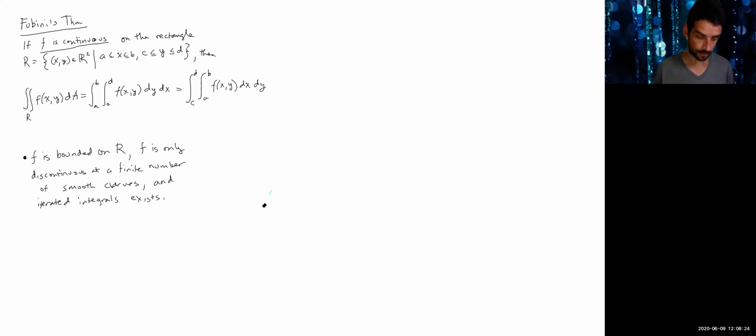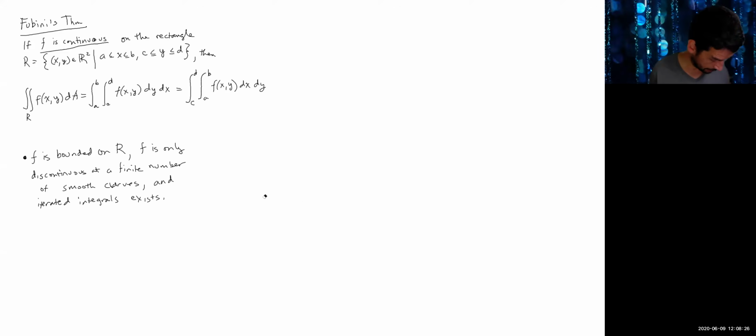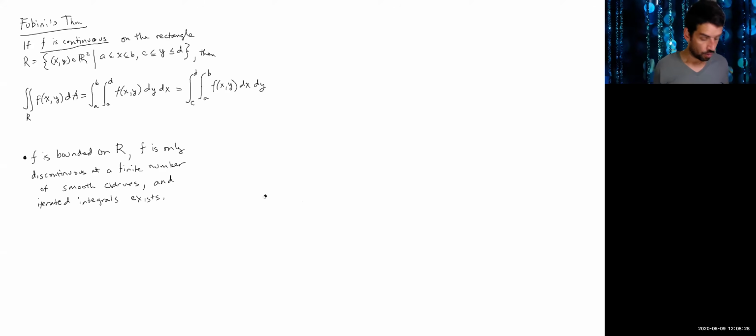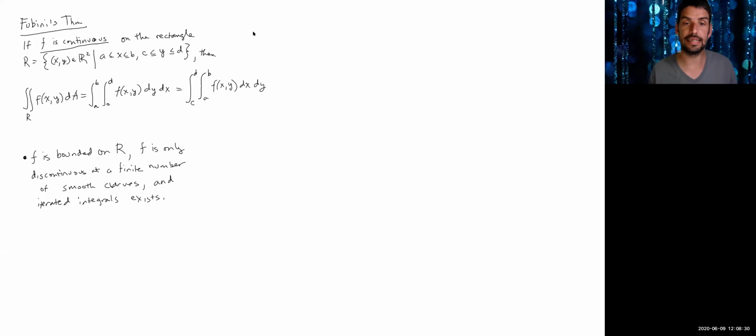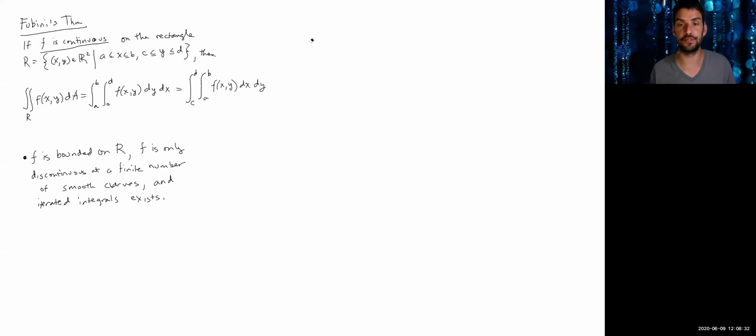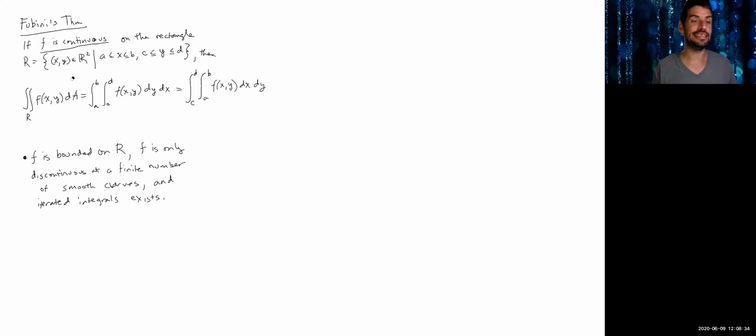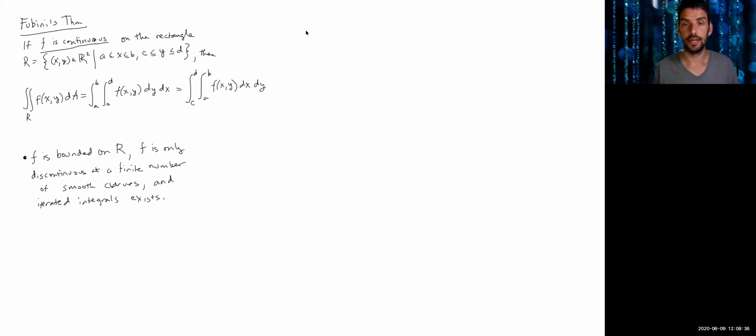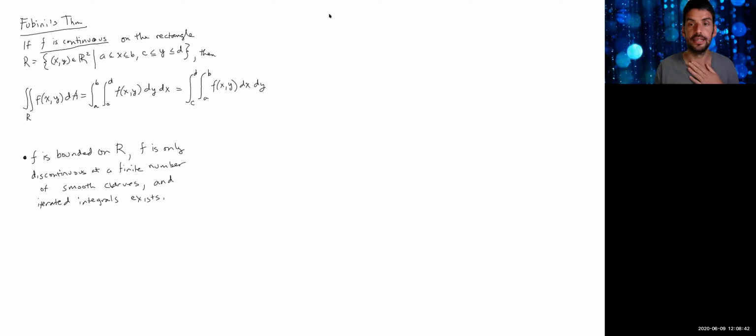Okay, so the proof of this theorem is pretty difficult, but I want to give you an idea of what's happening here by taking a look at, well, let's look at a graph for a second.